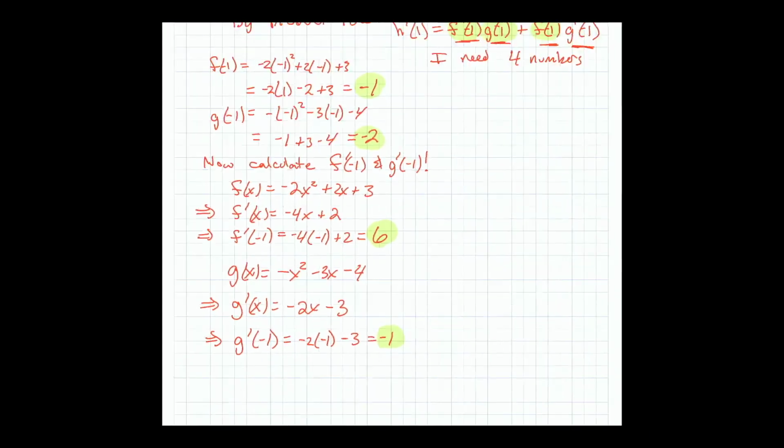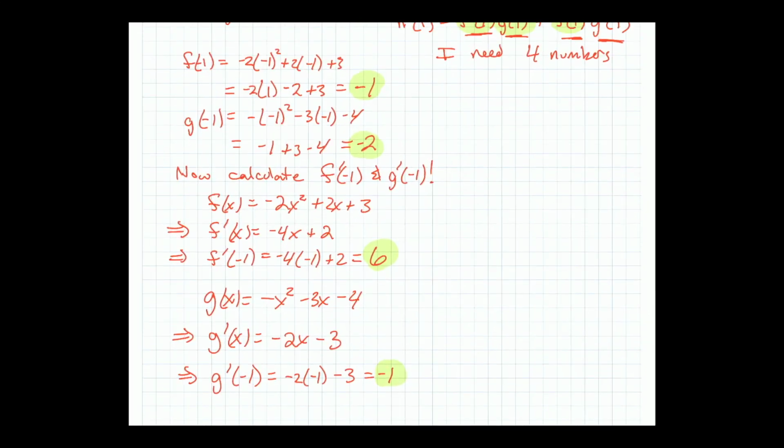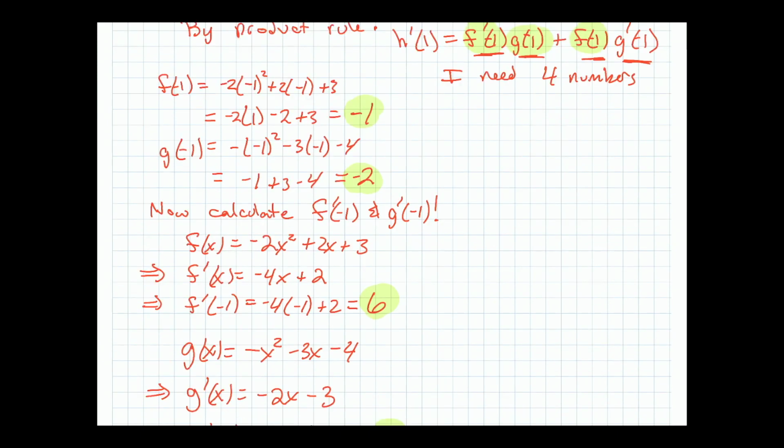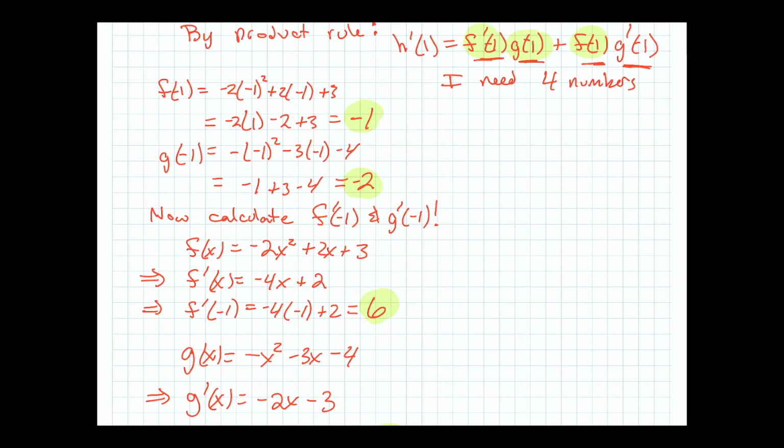Once you have all 4 of those numbers, we should just be able to plug those all in here. So I've got h prime of negative 1 is f prime of negative 1.